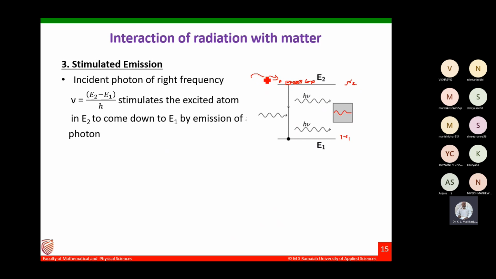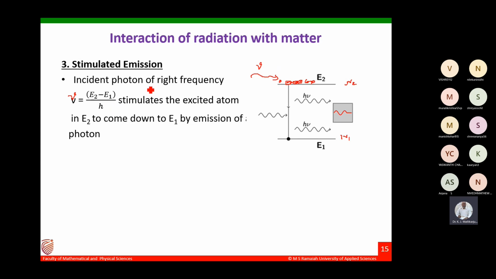The incoming photon's frequency is equal to nu, exactly matching the energy difference, as given here: this incoming frequency is exactly equivalent to (E2 minus E1) by h.